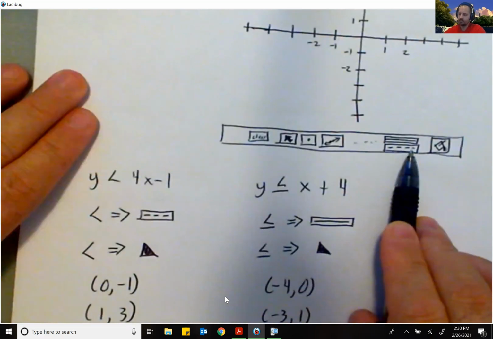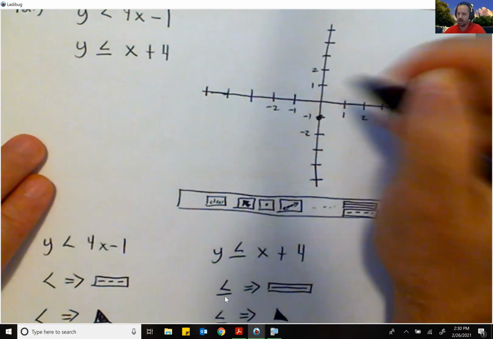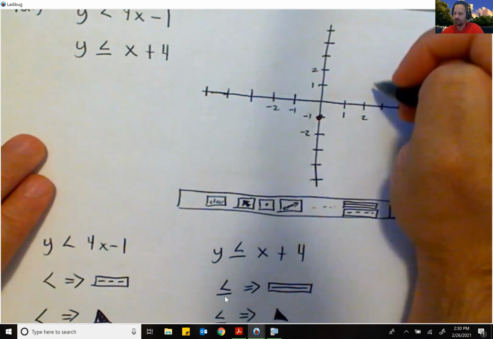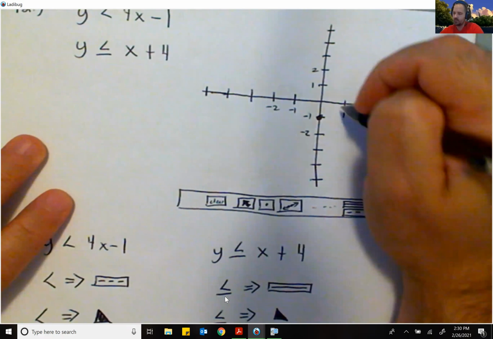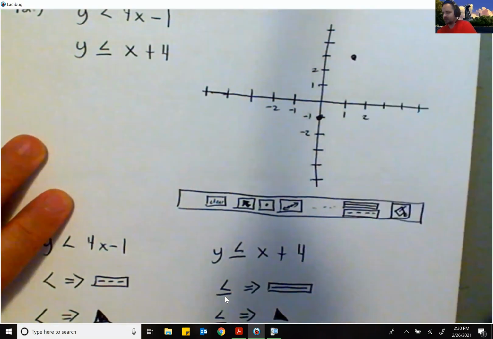Come up, (0, -1). My dotted line is following my cursor. Click my second point, (1, 3), and connect the dots.